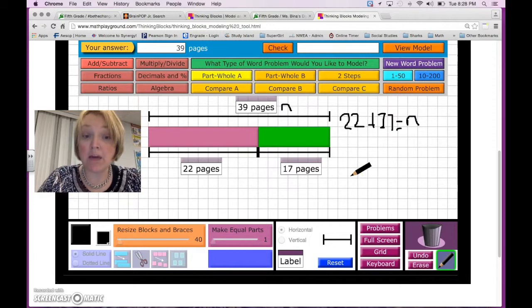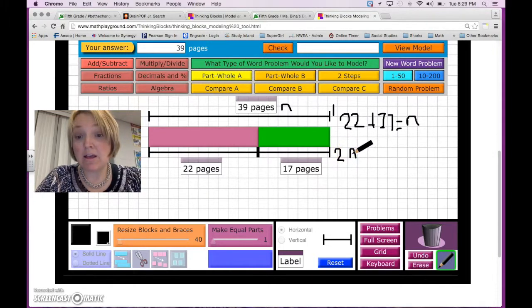Now I can make another equation. This is equation 1. Here's equation 2. And say, okay, well, if I go n, circle that so you guys know that's the number 2, and take away 22, I should get 17. My big number take away my small number. So that's two ways to write it.